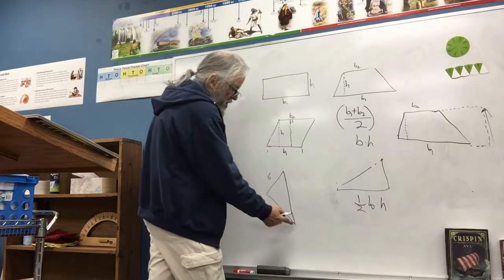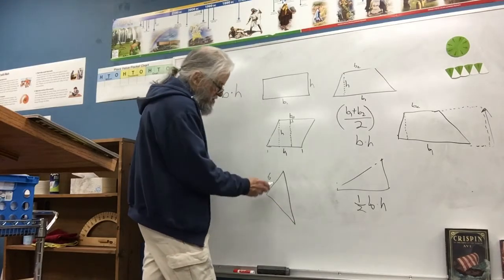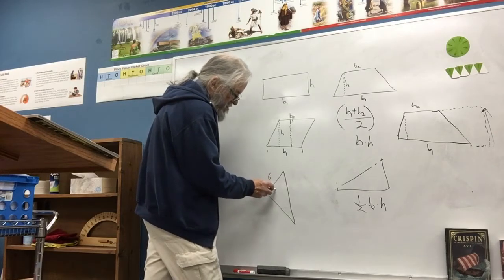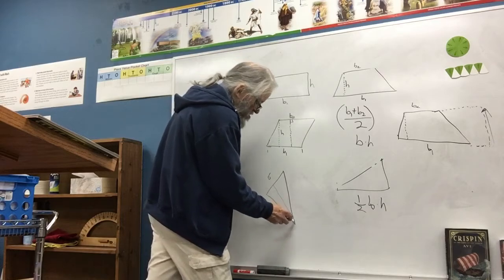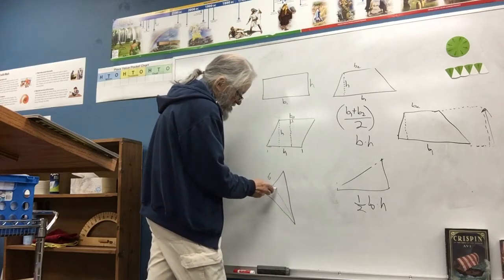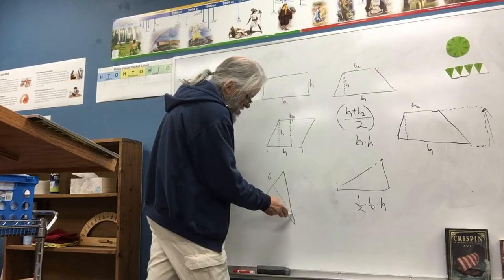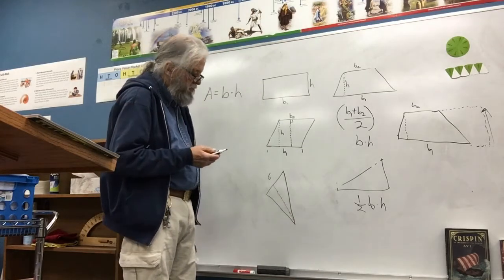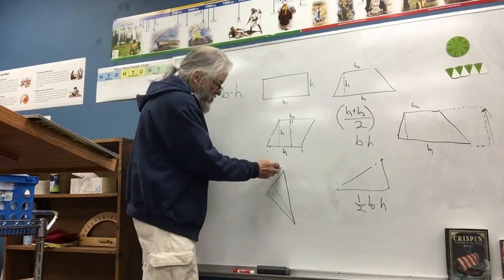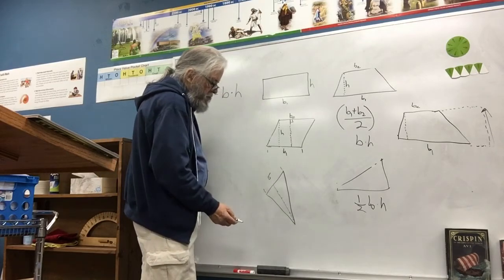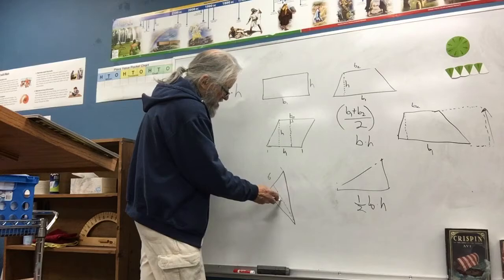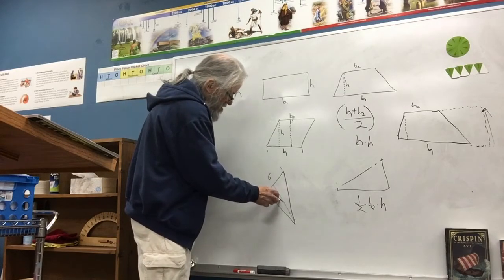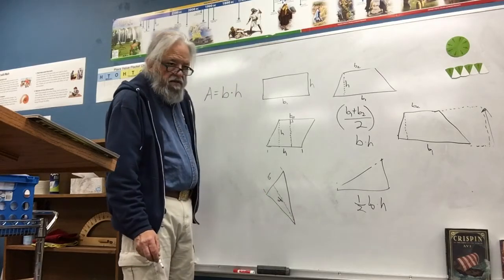Now, this only has one base. So, if I take this perpendicular line to the base, okay? I'm still going to use this whole thing as the base, and this is going to be the height, okay?